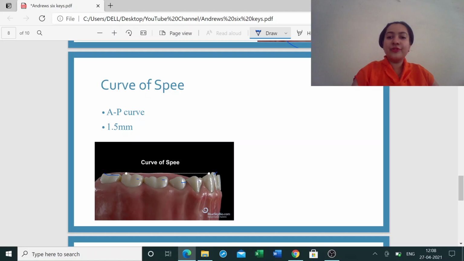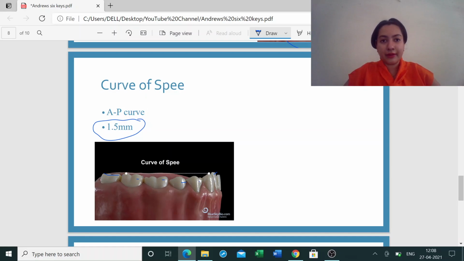This curve which you get is known as the curve of Spee. According to Andrews, 1.5 mm curve of Spee is considered normal. If your curve of Spee is 1.5 mm, it is normal.